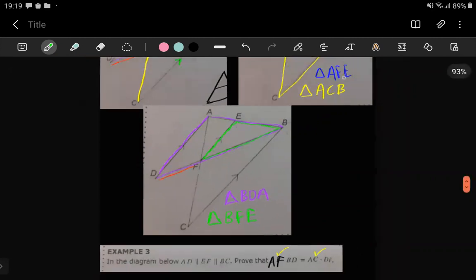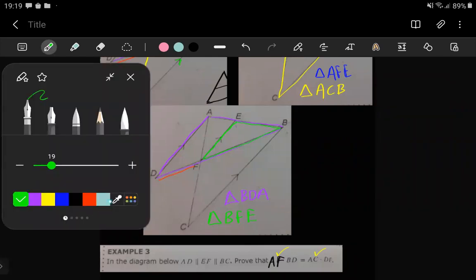So now that we know that this is going to be similar to this, and this is going to be similar to this, what we can then do individually up here and down here is write out our proportionality expressions based on the way we have labeled our sketches.